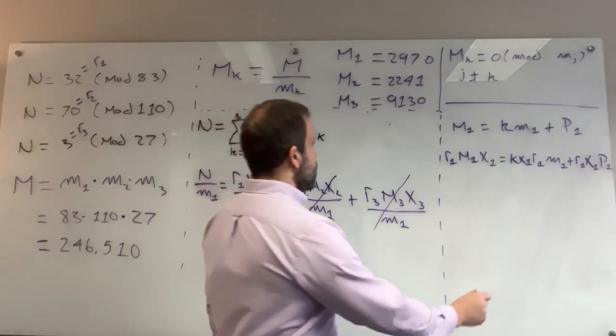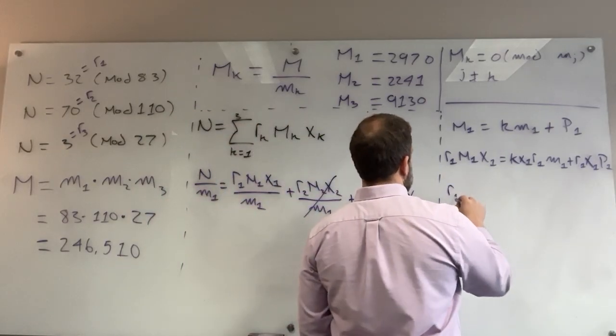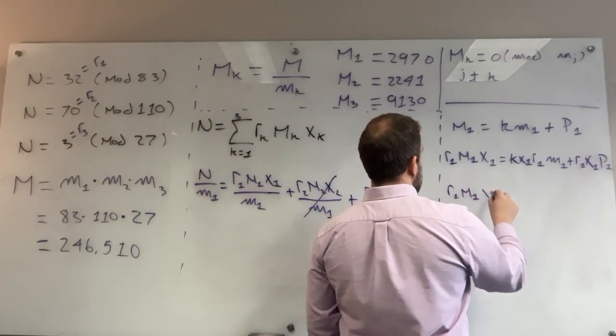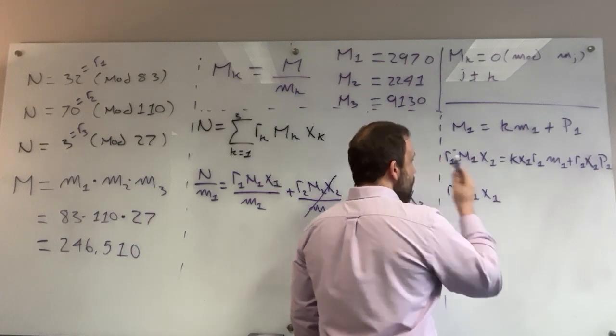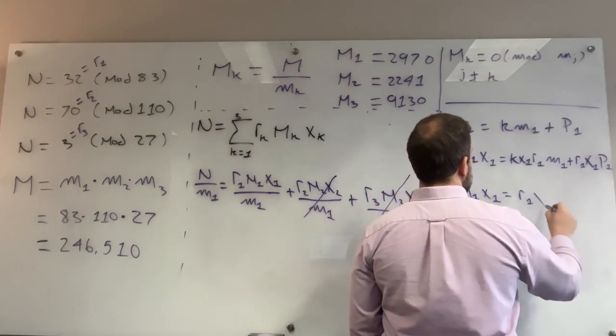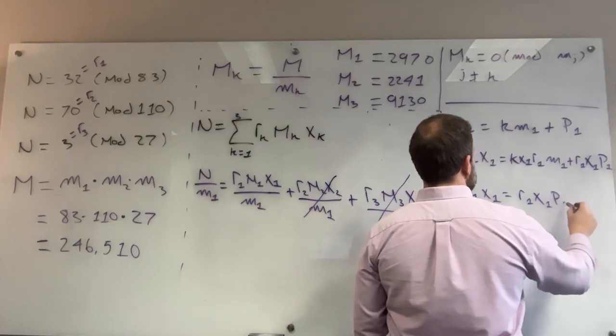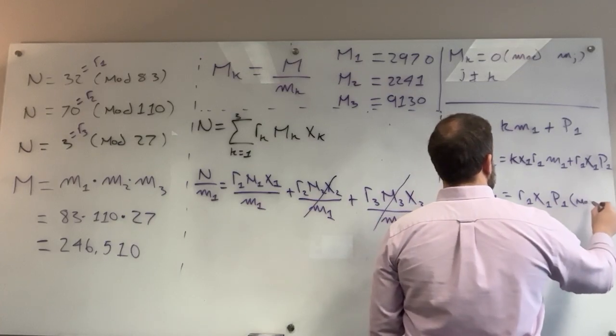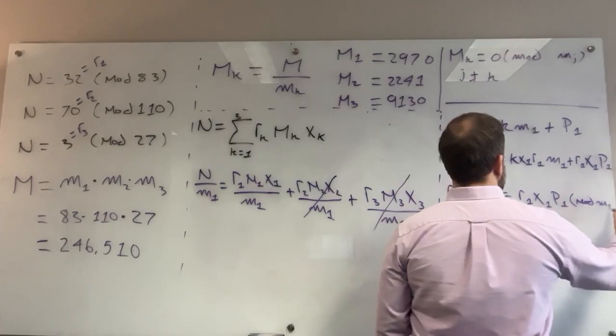So what this means is that r1 M1 x1 is going to be equal to r1 x1 p1 mod little m1.